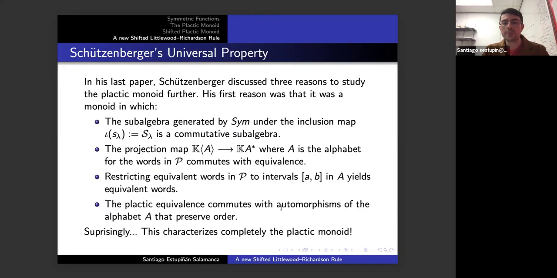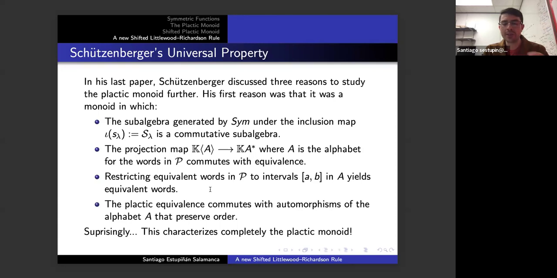Basically, the plactic monoid is the smallest monoid that satisfies all of these properties. You may think that the smallest monoid is kind of imprecise. So in the paper with Oliver, we formalize this by saying that it is the initial object in a certain category, but this is the intuitive idea behind this universal property.